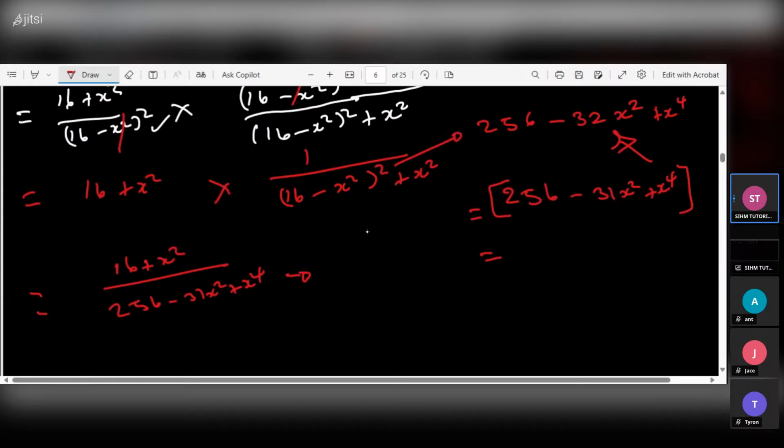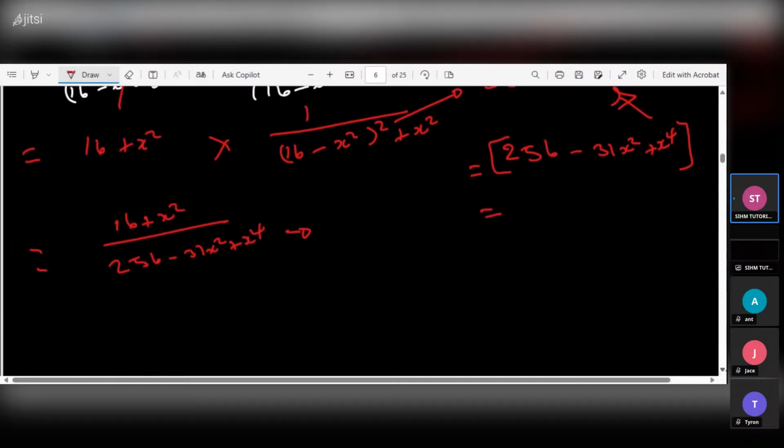Even if we can have minus and positive, that will be fine. Can we have any factor of 13 that will give us 16 when we add them or subtract them? I don't think we're going to get anything the same as that one, so it's fine. We're going to just come back to this one.